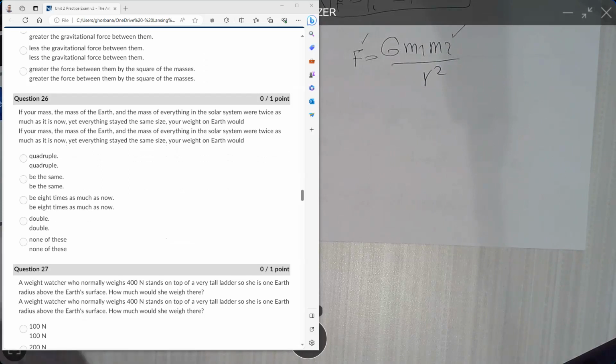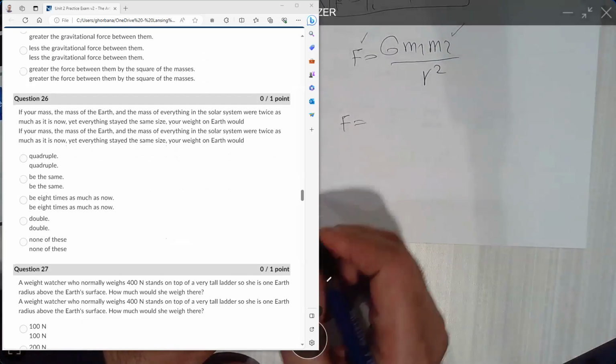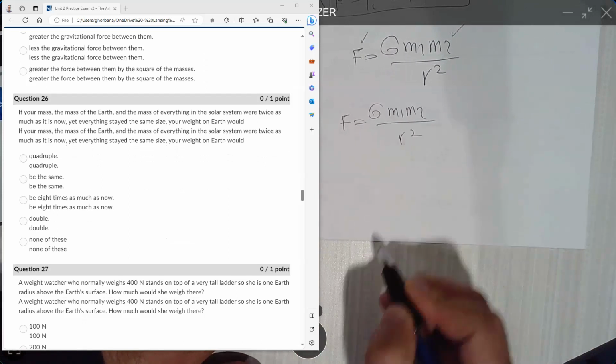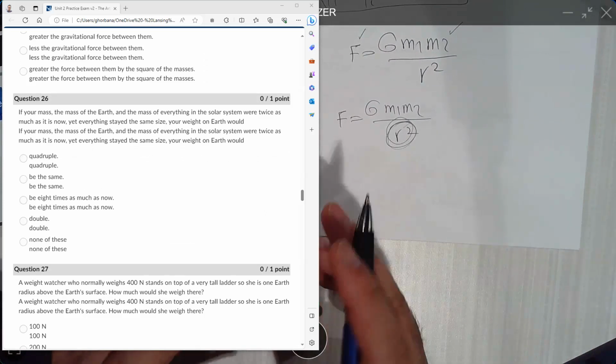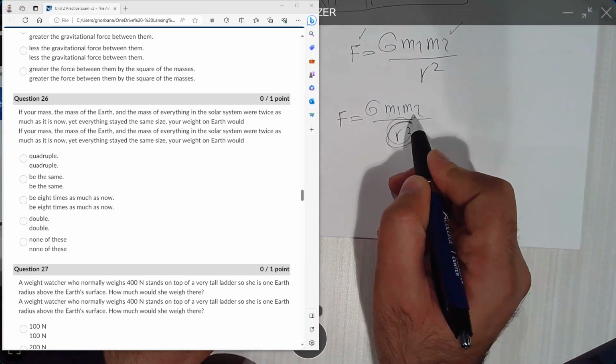Okay, so what would be the force of gravity? What happened to the force of gravity? You see, force of gravity is G m1 m2 divided by r squared. If you don't change the r, the size is exactly the same, but you change the mass of Earth and the mass of the person.